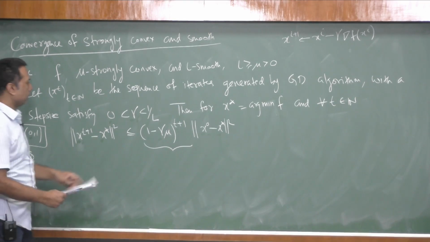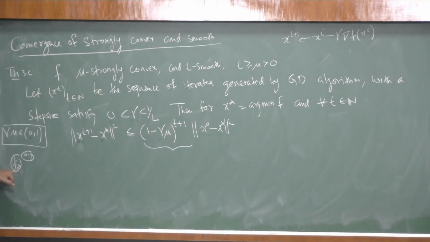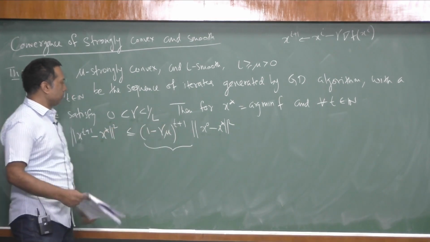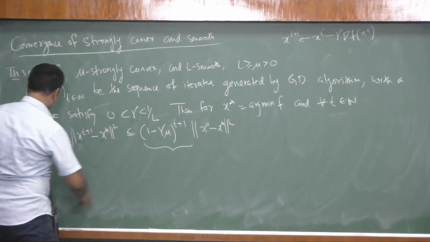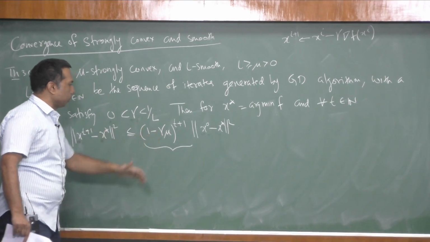At every t it decreases the error by 1/10. At the next step it will be even more, 1 by 100. At t equals 0 it's 1 by 10, at t equals 1 it's 1 by 100 and so on. This is the amount of reduction you are doing.